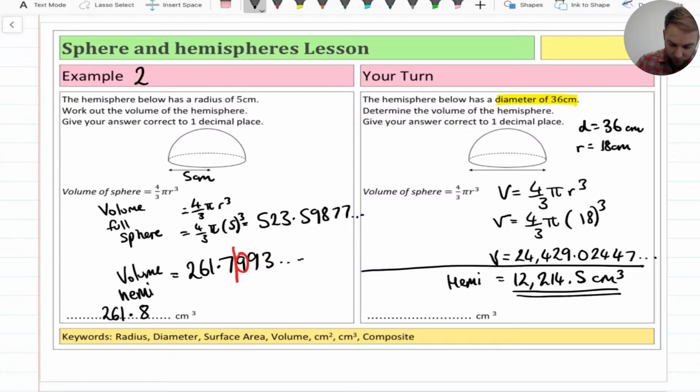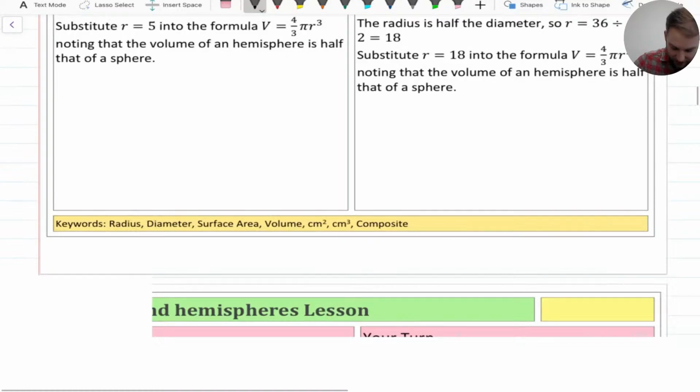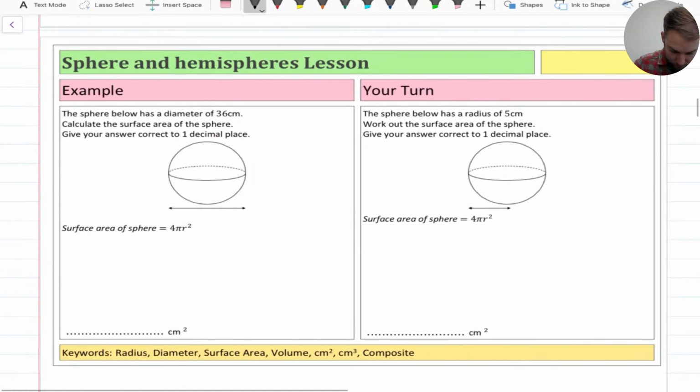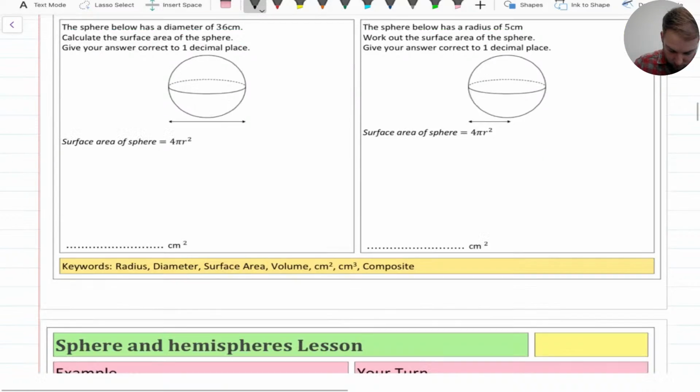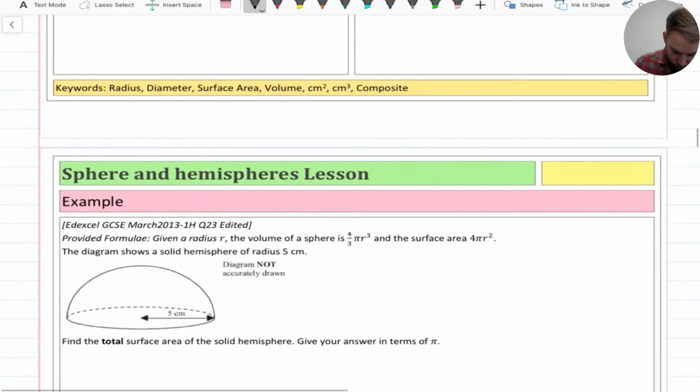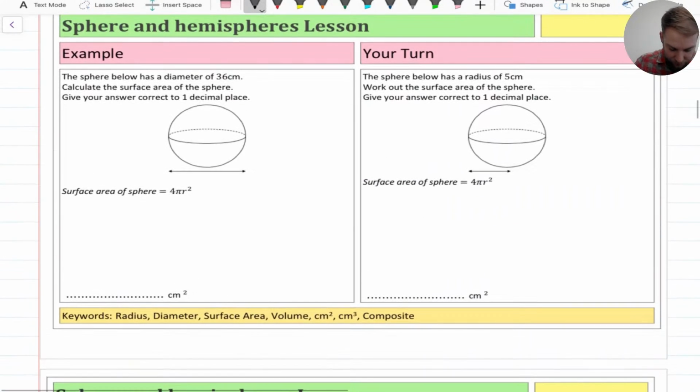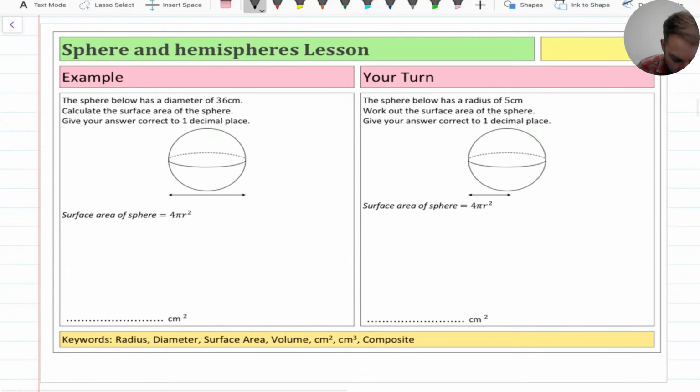So, we've done sphere, we've done hemisphere, so let's step it up a little bit now. So we're going to look now at the surface area of a sphere.